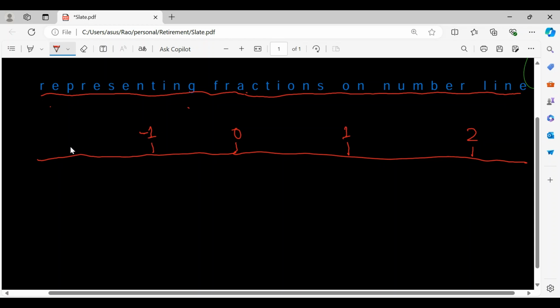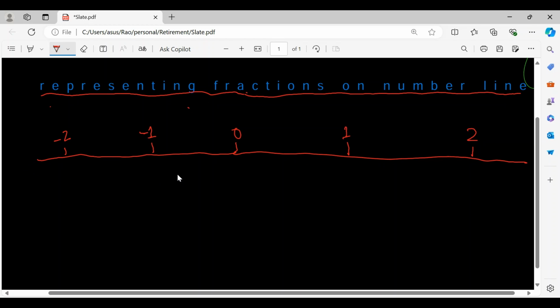Reverse means if there is 1, then on the left-hand side it has to be -1, and this is -2. Likewise, it will go on increasing.